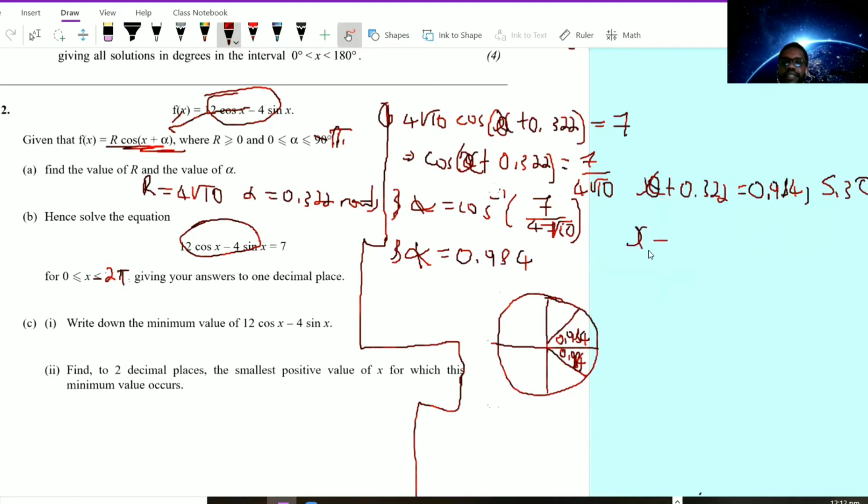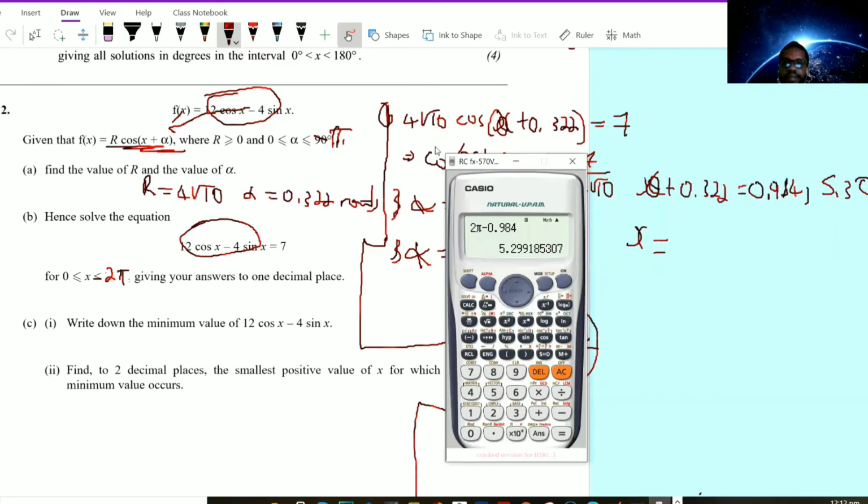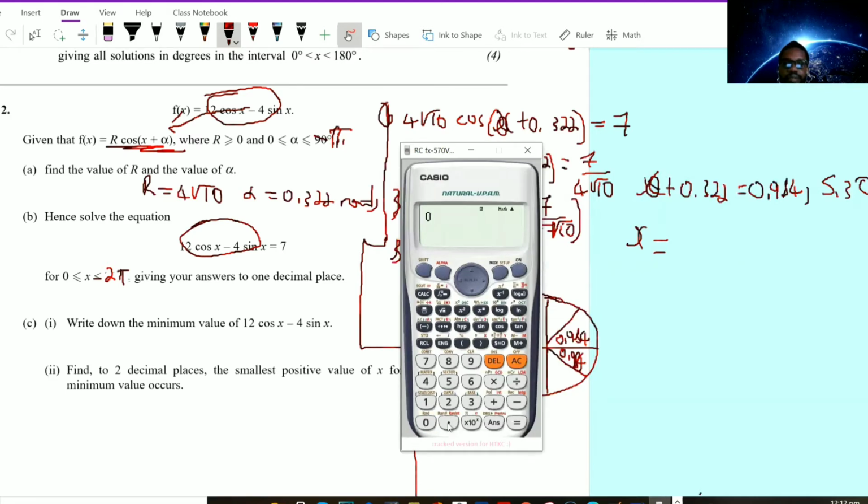So it means that x is equal to, we simply just subtract 0.322 from both of these. All right. I'm going to pull up my calculator again. And let me move it so you can see it. So I'm going to have 0.984 minus 0.322.